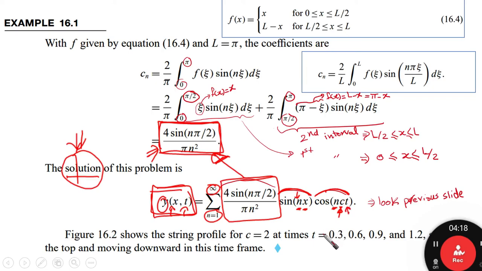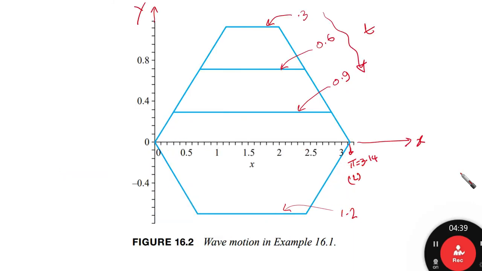So if we have this constant, for example c equal to 2, we can get the shape or the position of the wave at different t's, right? t1, t2, t3, and so on and so forth. And this is what we are going to see for this shape of the function.